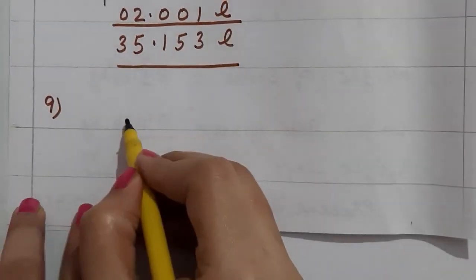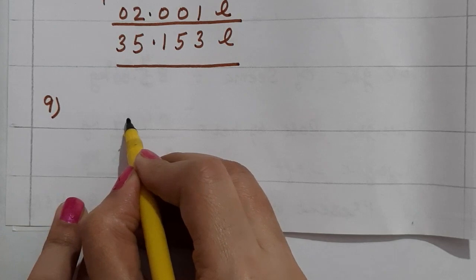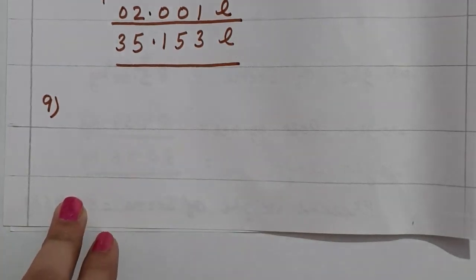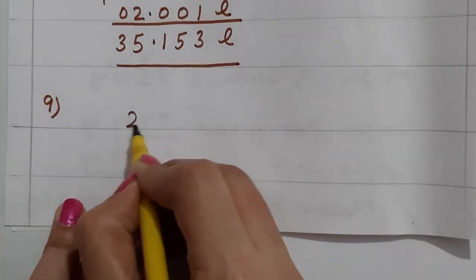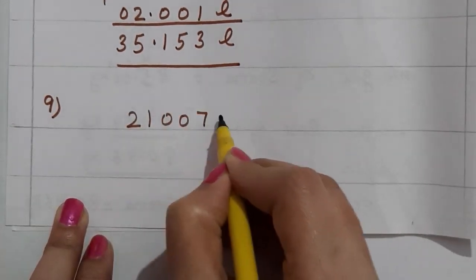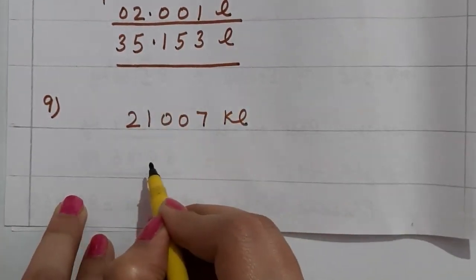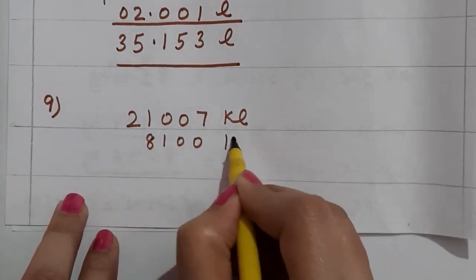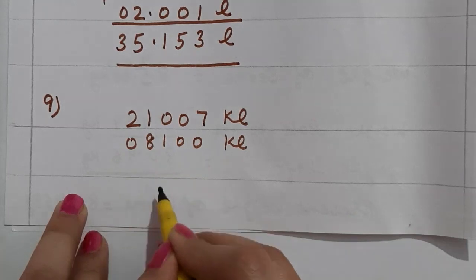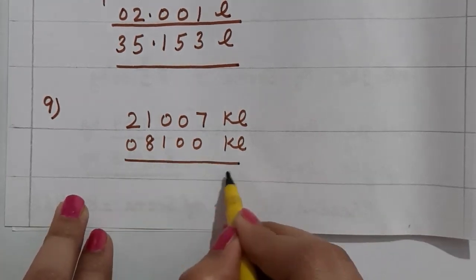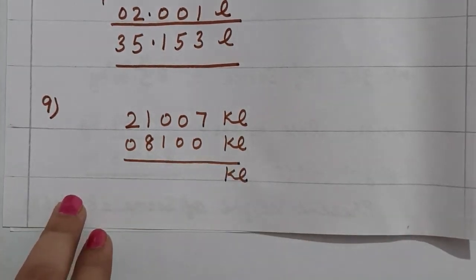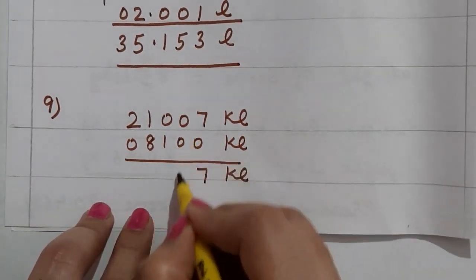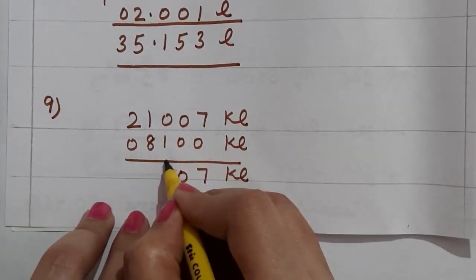Question number 9 was subtract, and simple subtraction without decimal. 21,007 kiloliter minus 8,100 kiloliter. Right. Now do this subtraction. 7 minus 0, 7. 0 minus 0, 0. 0 minus 1, not possible.